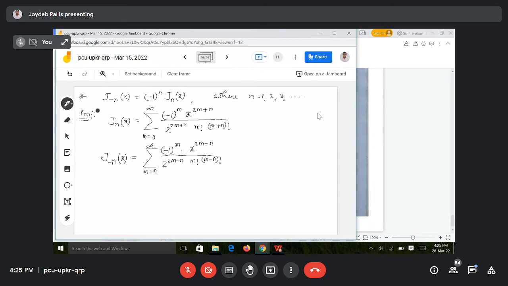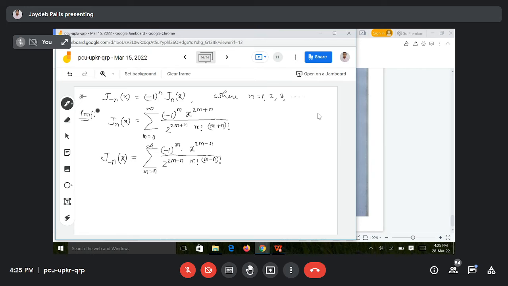Now, to express J of minus n in terms of Jn, the limit should be 0 to infinity, right? But here the limit is from n to infinity. So how to convert it to 0 to infinity? Sir, can you explain why m equal to n?